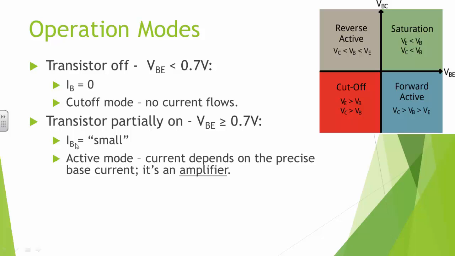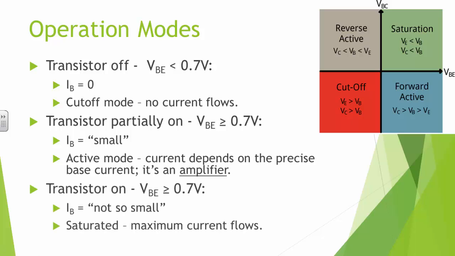Proportional increases in the base current give us proportional increases in the collector emitter current. So it functions as an amplifier. If we double the current to the base, we double the current through the transistor. This active mode, forward active mode, works like an amplifier.